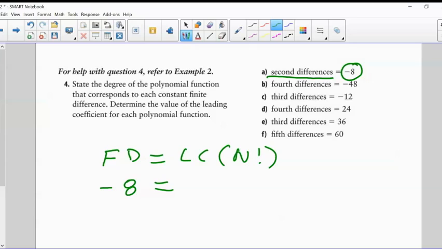See what the question is asking for, and see if we know the LC or we're trying to find the LC. LC stands for lead coefficient, by the way. So do we know the LC then or not? Not yet. So let's just put LC for now.